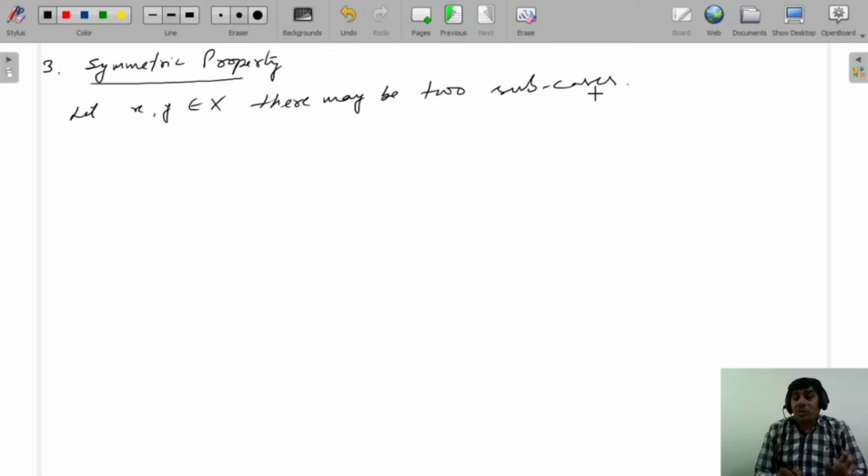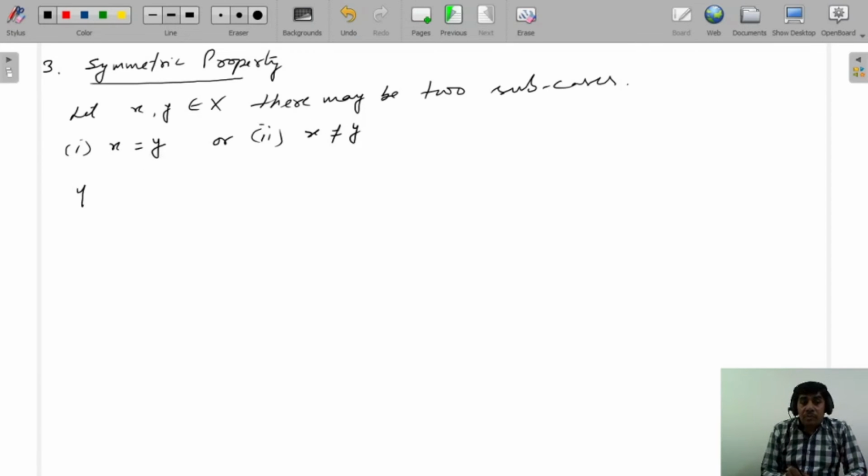That is two possibilities. Maybe x is equal to y, or x does not equal y. If there are two numbers, then either they are equal or they are different.